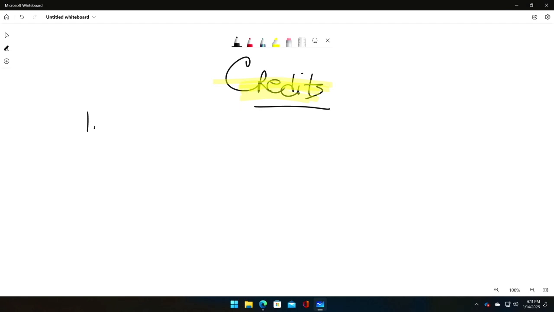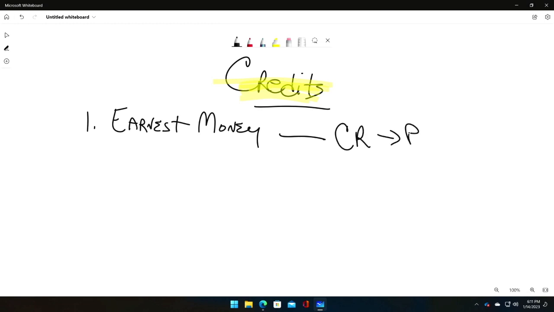Number one, earnest money. The earnest money the buyer gives is always treated as a credit or a partial payment. Now, this is always going to be a credit to who? To the buyer, because the buyer's paid that money. So remember that.